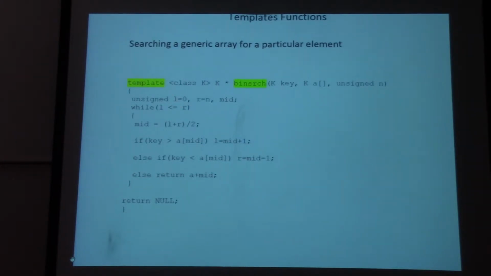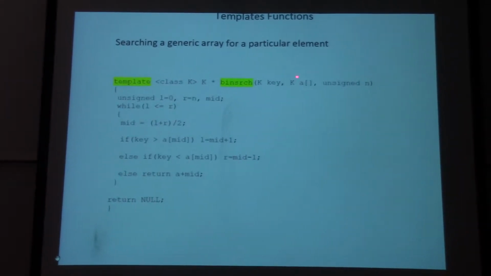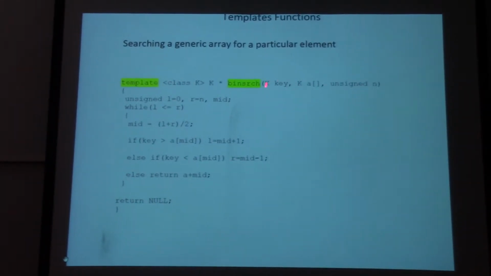So now whenever I have a binary search call, I look at the type of the key and the type of the array. They have to be the same types. This has to be an array of these, and this has to be a key of the same type. Does that make sense? So if you have, for example, an int and an array of double pointers, that's not going to work, because then they're not the same K. That means you want 2 different kinds.